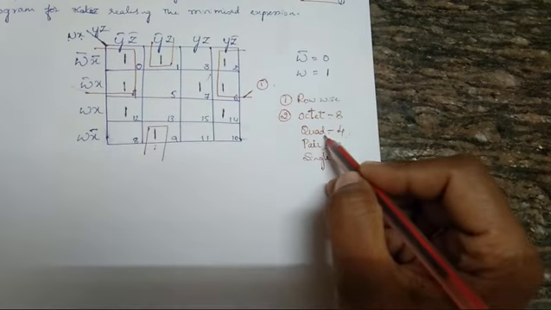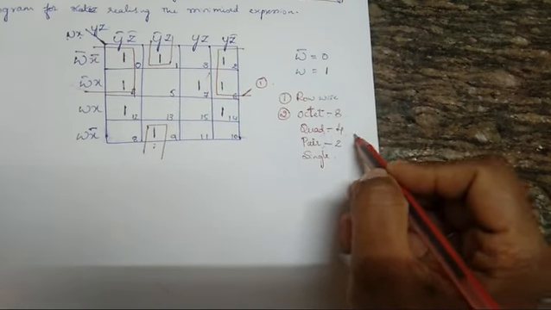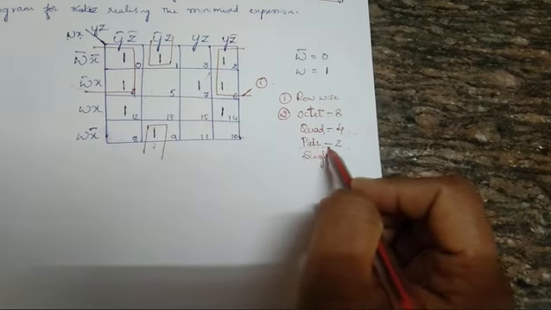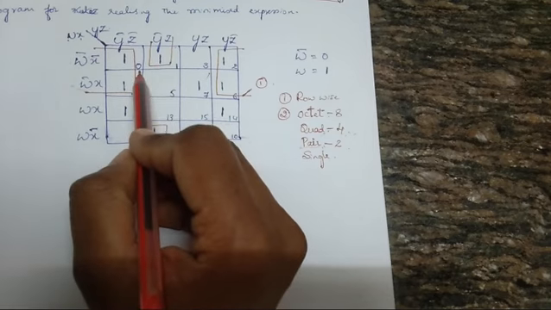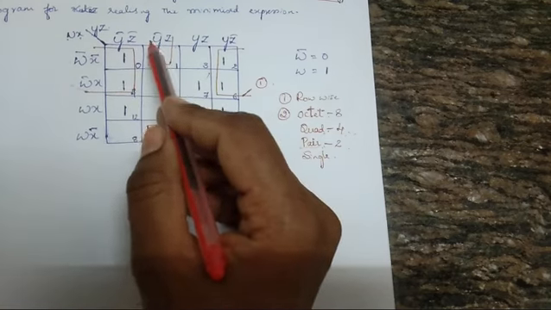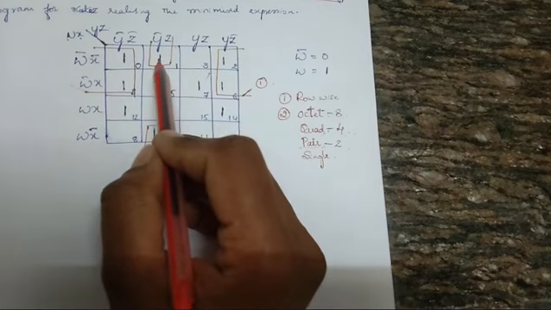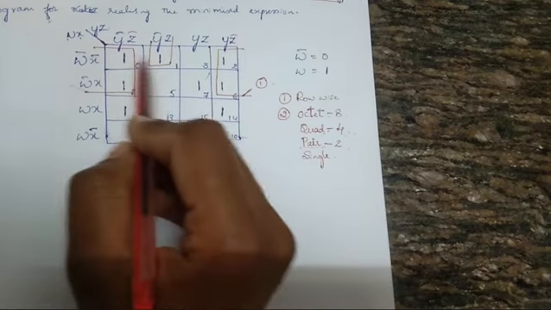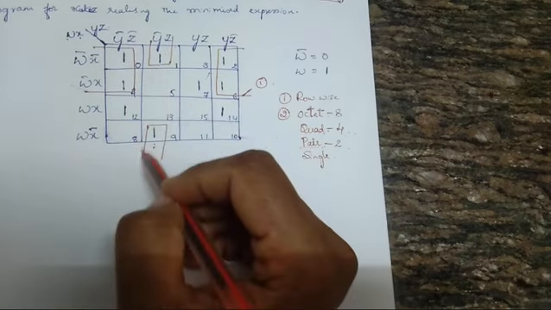Because this has more adjacent ones. Since I have a possibility to make a pair, there are two conditions: this one could be grouped with the one in cell number 0, or I can make a pair of this one in cell number 1 with the one in cell number 9. If I make this, it will become redundant. So that's why I'm making it like this.